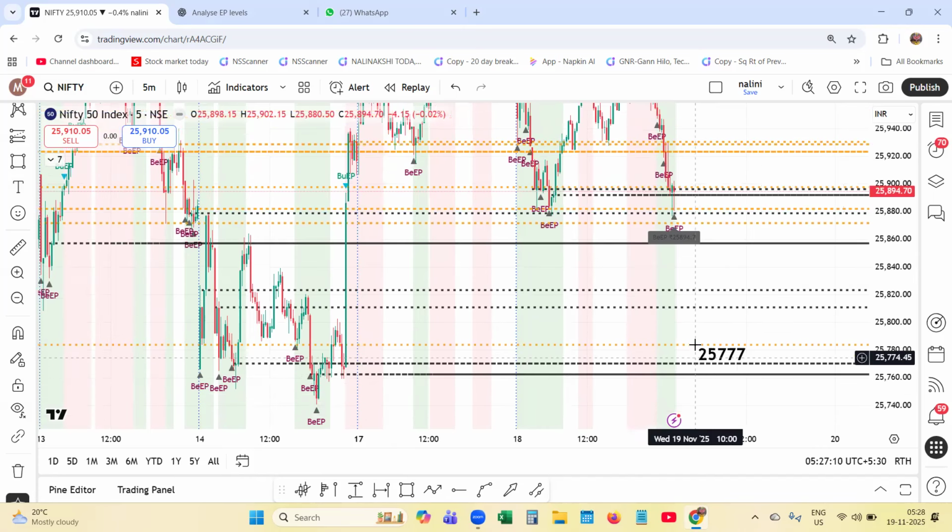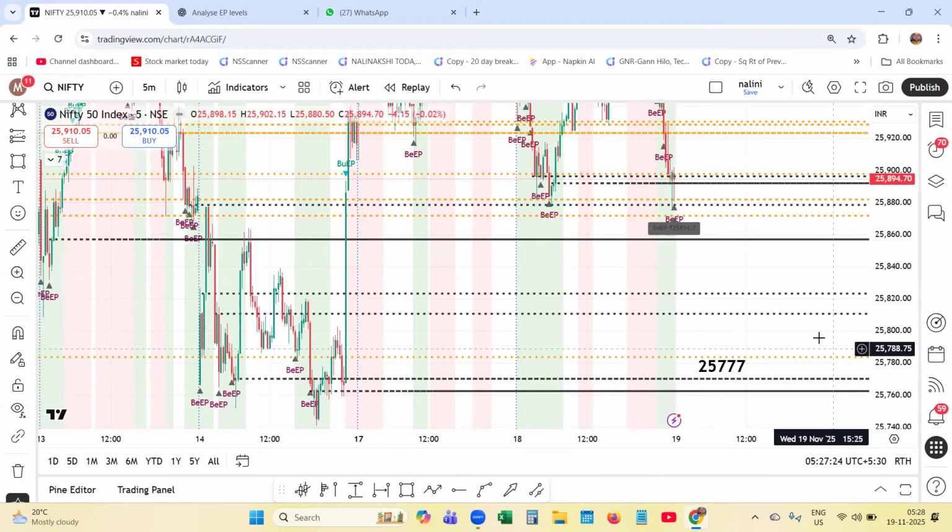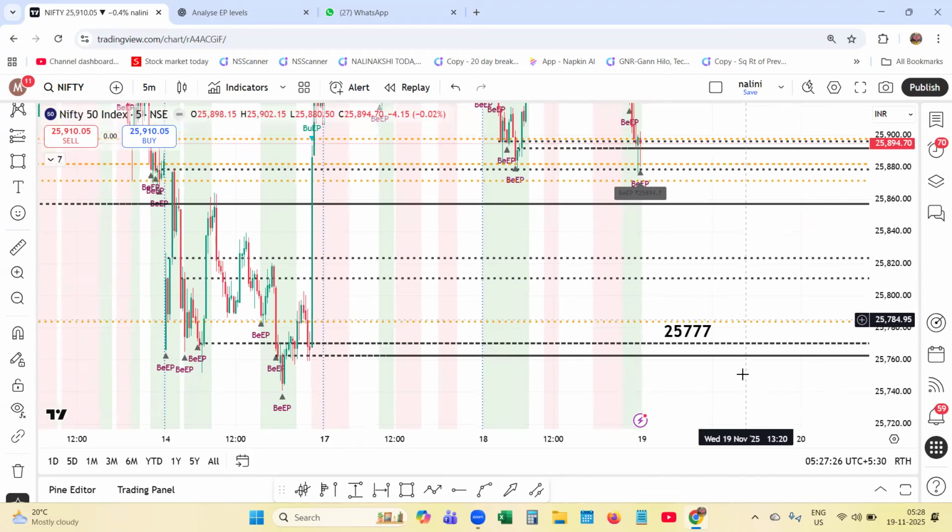And around the level of 25,777, that is the latest EP, hourly support, green EP, you saw that. There is a cluster of CE as well as PE. This is the strong demand zone.